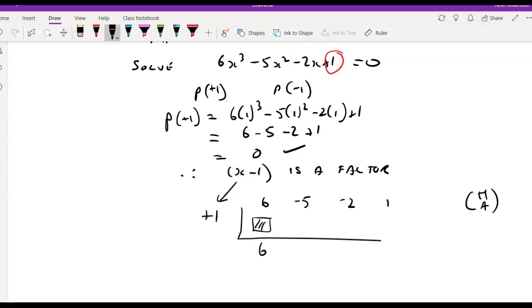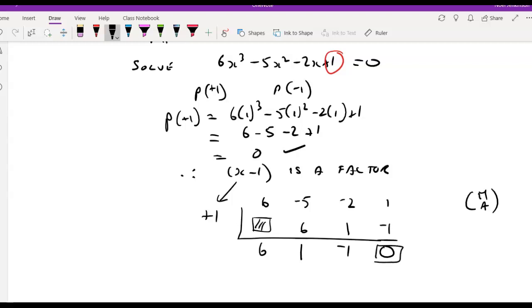We bring down the 6 and we multiply. 1 times 6 is 6. Then we add. Minus 5 and 6 is plus 1. Multiply. 1 times 1 is 1. And we add. Negative 1. Multiply again. 1 times negative 1 is negative 1. And we add.